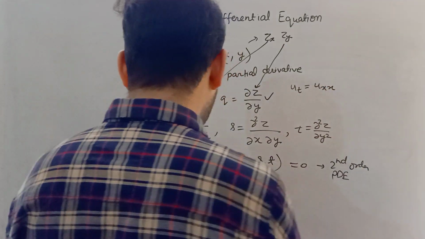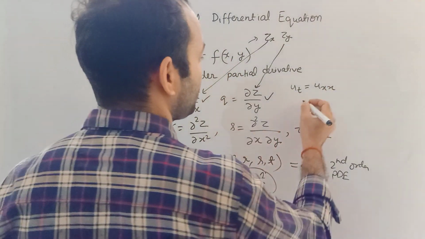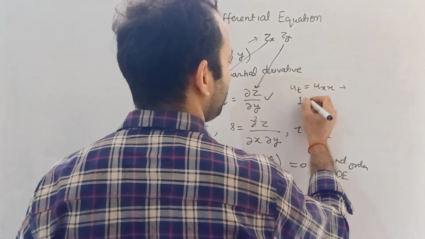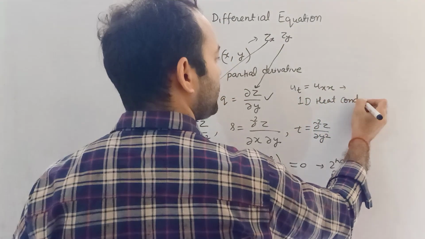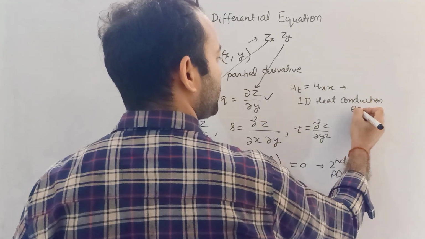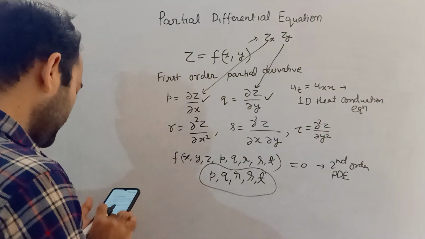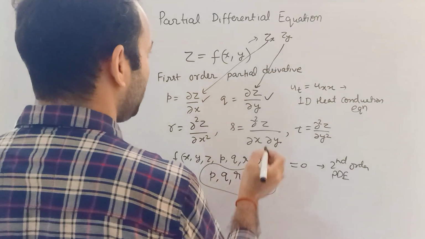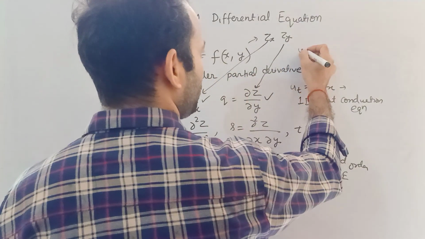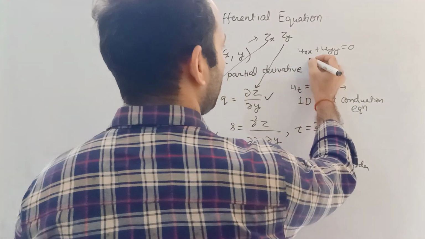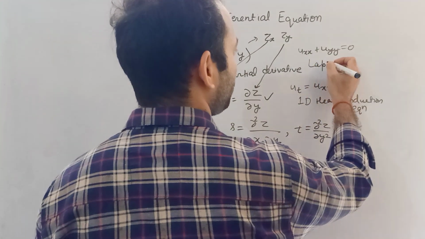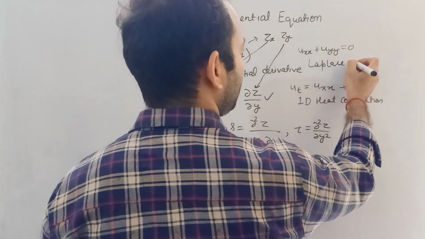What is this? The one dimensional heat conduction equation. What is this? By the way, this is very famous, you must know: u_xx plus u_yy equals 0. This is the Laplace equation, a second order linear PDE.